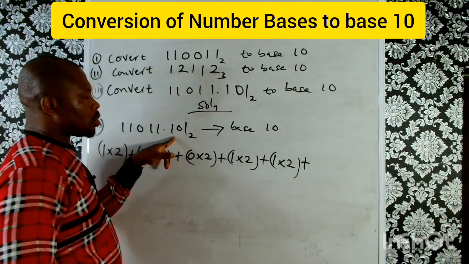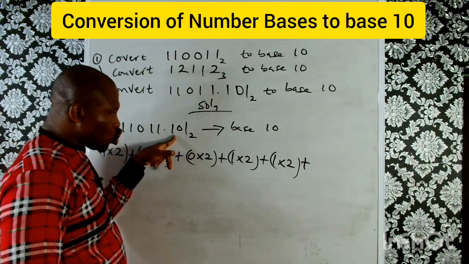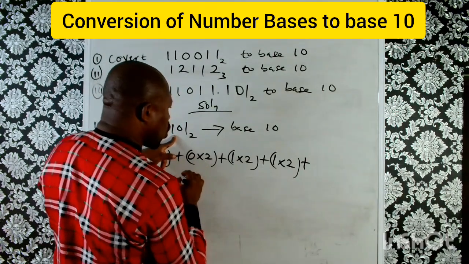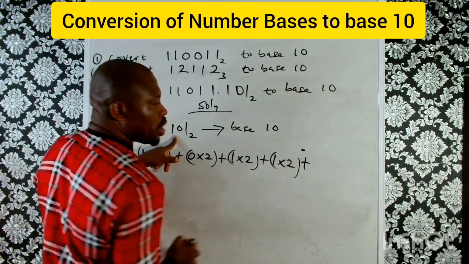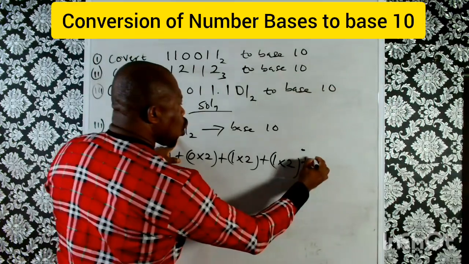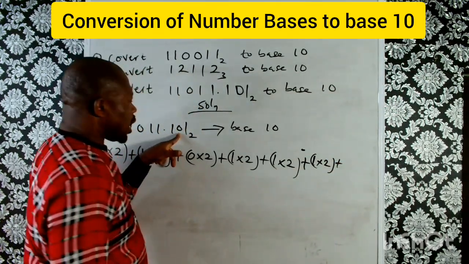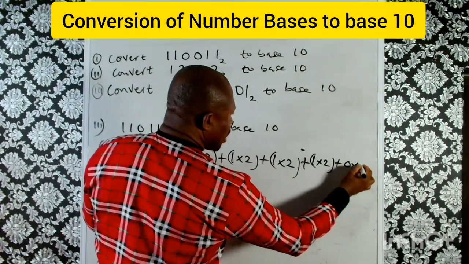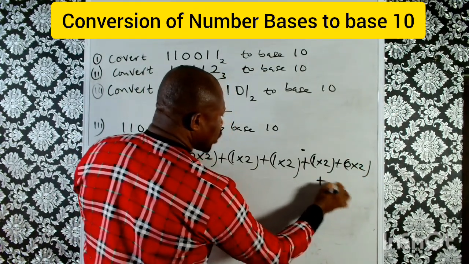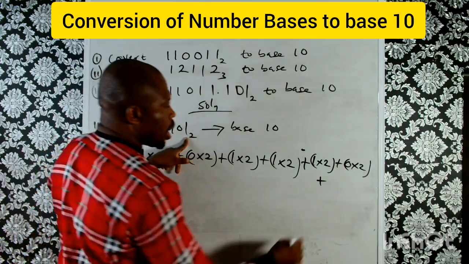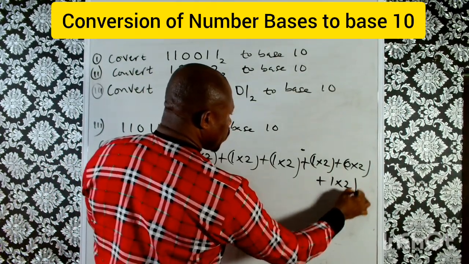plus, we start from here. Just note here, you remember there's a point there. So we can just put something here to help us. Now, 1 times 2 plus 0 times 2 plus the last number, 1 times 2.